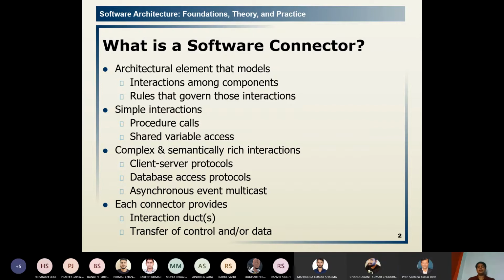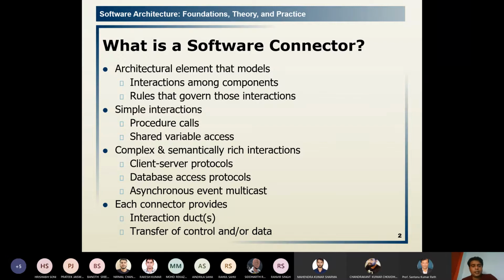Then there are complex and semantically rich interactions. If the interactions are very complex, very meaningful and informative, these are also one type of interaction. First one was the simple interaction. Next one, complex and semantically rich interaction.